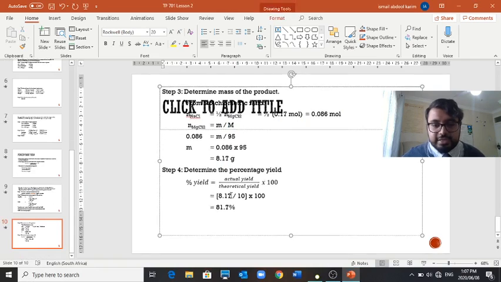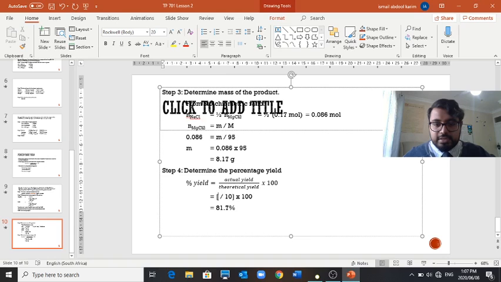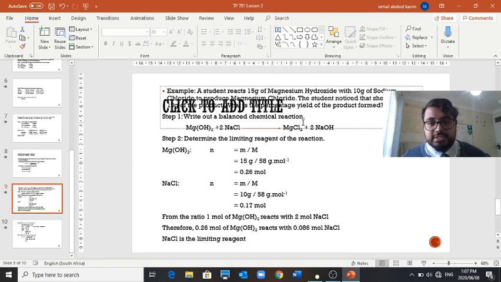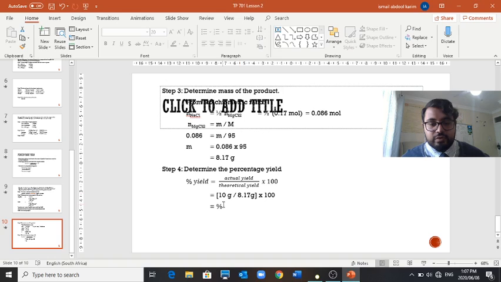Actual yield is 10 grams, divided by 8.17 grams, because that is our theoretical yield, and we should not be getting an answer below 100. So that's 10 divided by 8.17. Why is it 10 as the actual? Because what she told us here is that 10 grams of product is formed, and now we had to change those values.